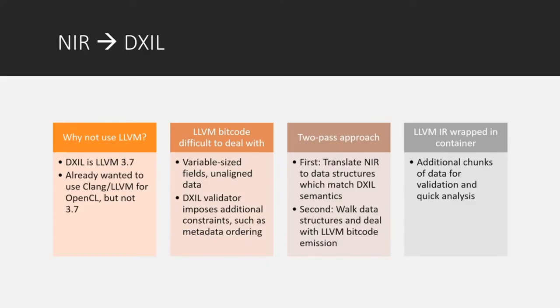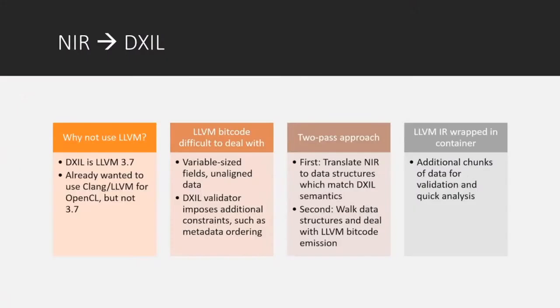First, we translate the NIR into a bunch of data structures which match DXIL semantics, and then we do a pass over those data structures in order to emit the variable bitrate data. And then on top of that, the LLVM IR is actually wrapped up into another container, which has a bunch of additional chunks for things like runtime validation, so that D3D doesn't have to parse the IR directly. They can basically just pull out data and quickly do validation against what's going on.